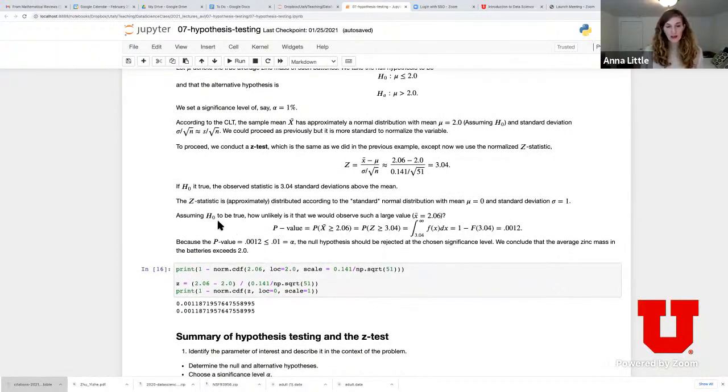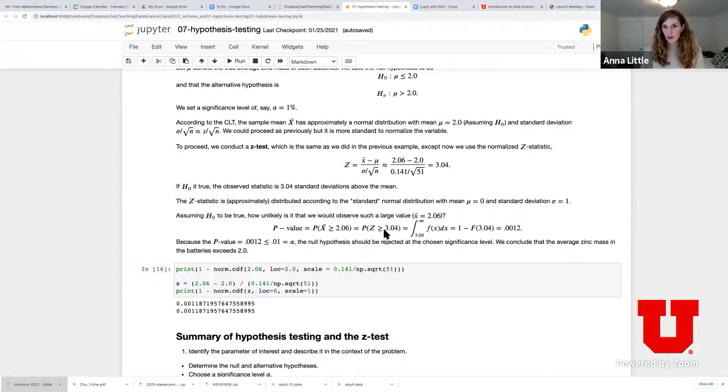So assuming the null hypothesis to be true, how do we get our p-value? Well, our p-value is the probability that the sample mean is greater than or equal to 2.06, which corresponds to the probability that z is greater than or equal to 3.04.